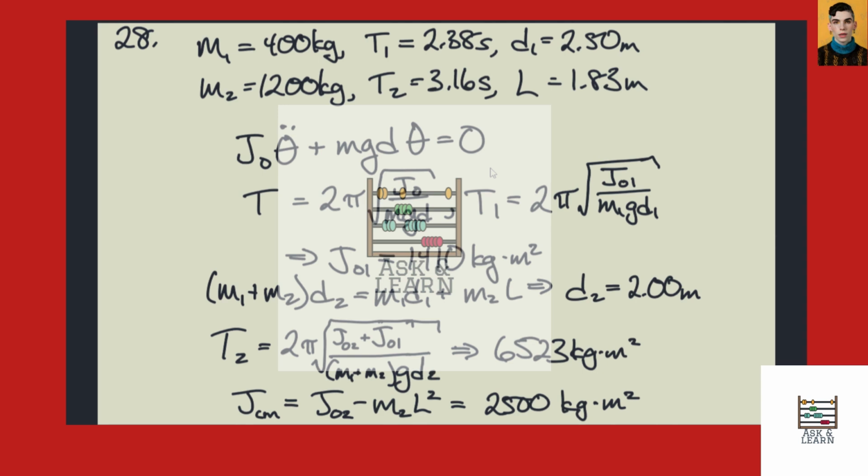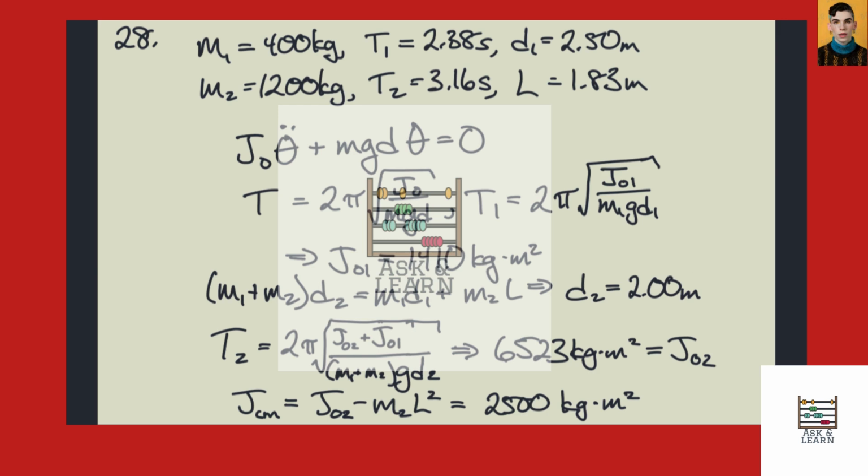That then gives us, let's see here, I think I forgot to write in what this was. This is J naught 2, I think. Let me check. It might be the sum of the two things. Let me check what this is.